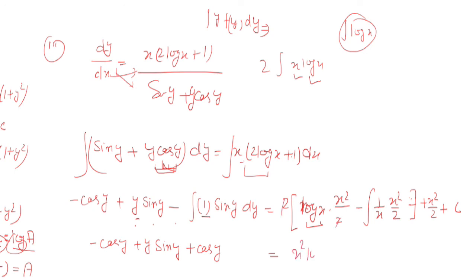You will get x square log x minus x square by 2 and plus x square by 2 and plus a constant.